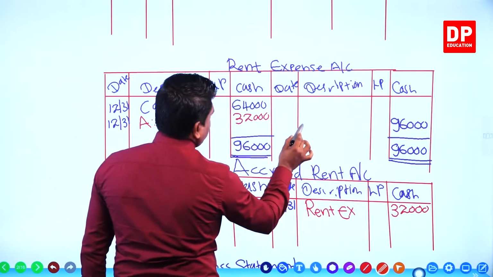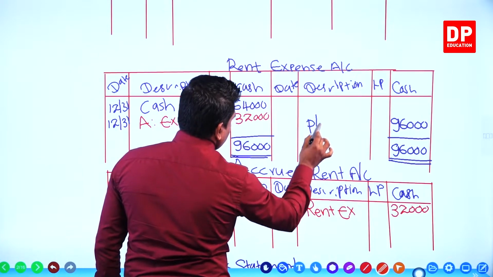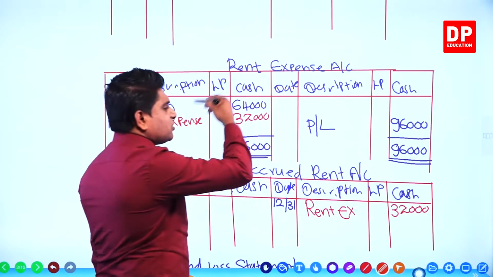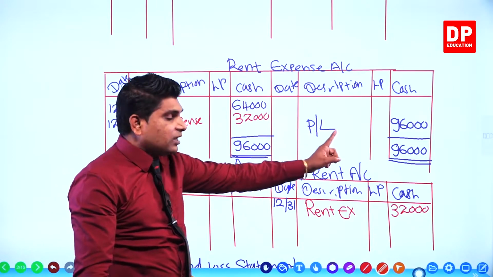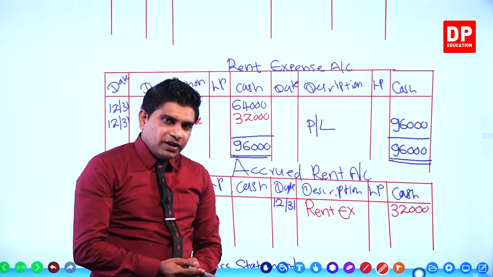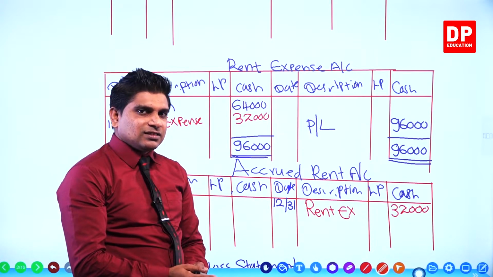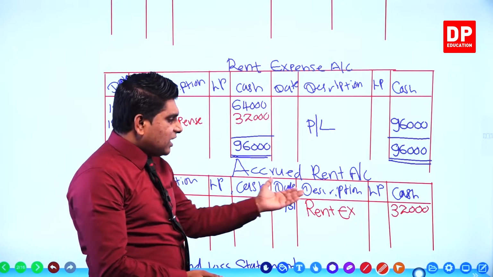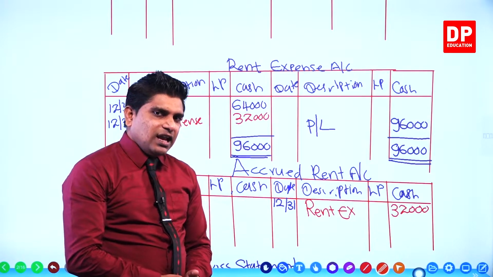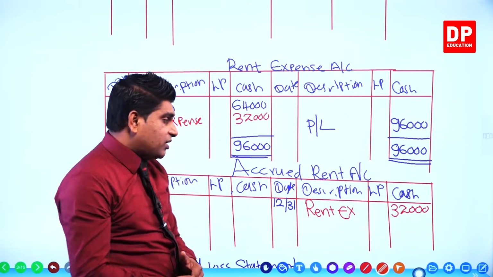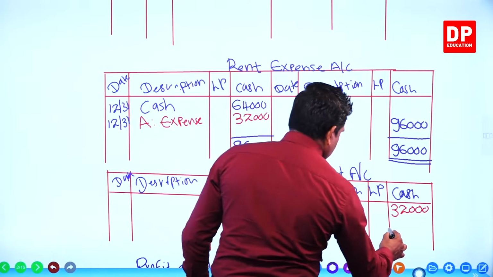There you write profit and loss statement. You bring this balance to the profit and loss statement, under the administration expense category, right? This is the liability. It goes under the current liability. So you can balance off.